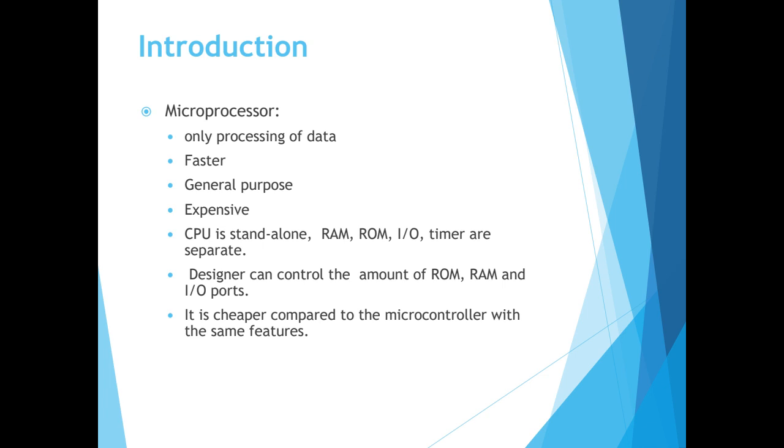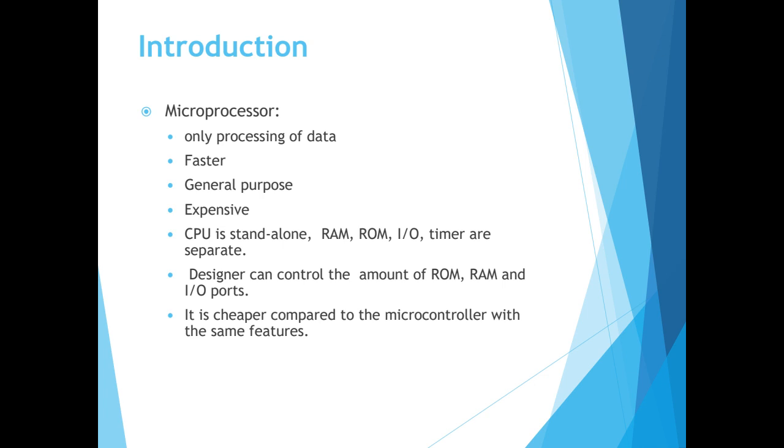Moreover, with a microprocessor, the designer can control the amount of RAM and input-output peripherals because they are external chips that can be added to our microprocessor. Then we have authority to control the amount of RAM and the other peripherals that can be connected to our microprocessor.